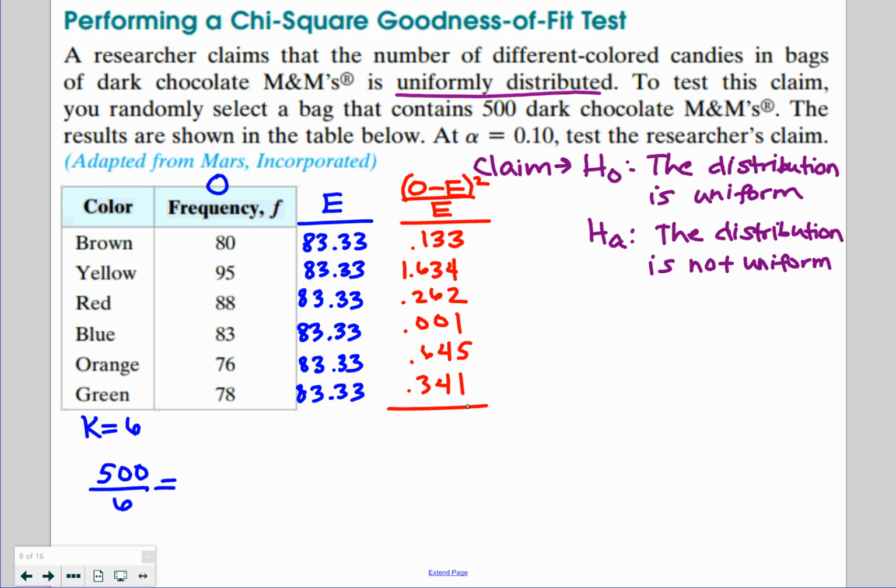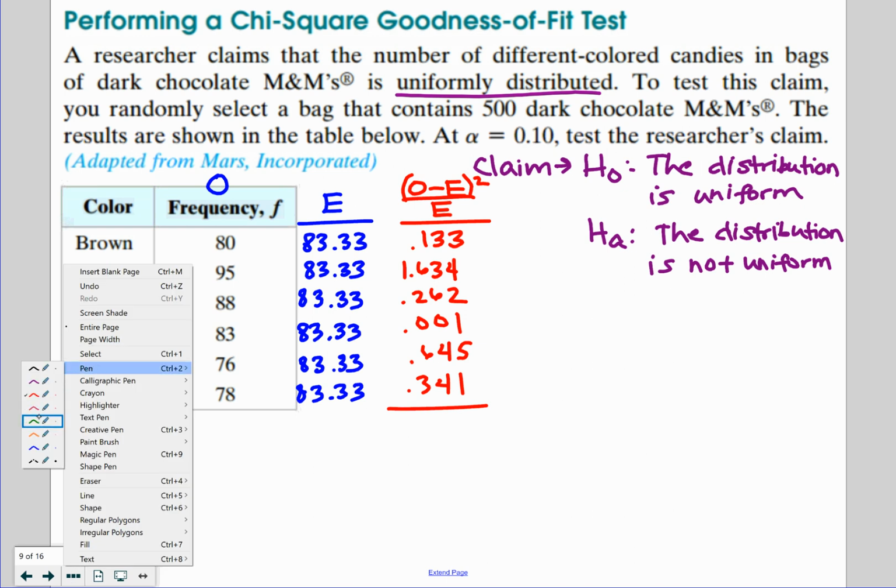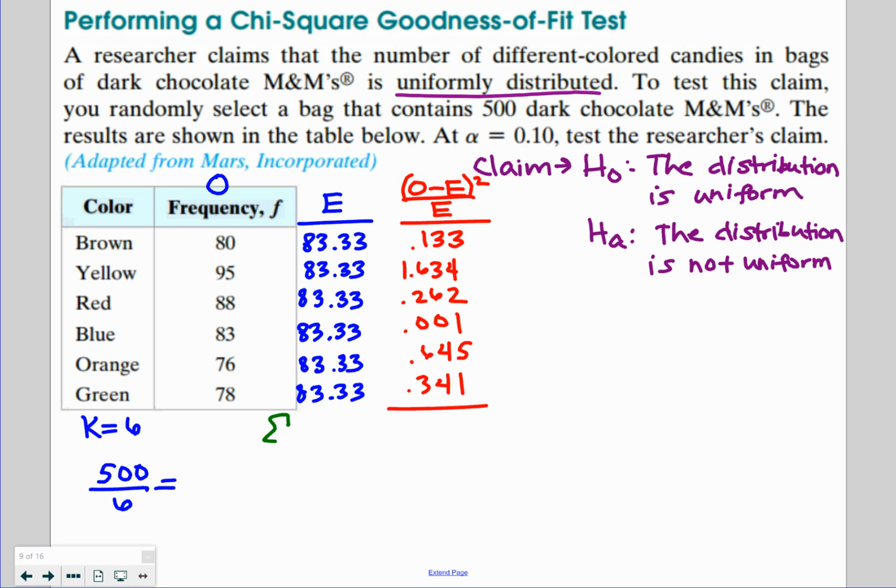Okay. Sums at the bottom. Again, the sum of your E's would be approximately your N, 500.